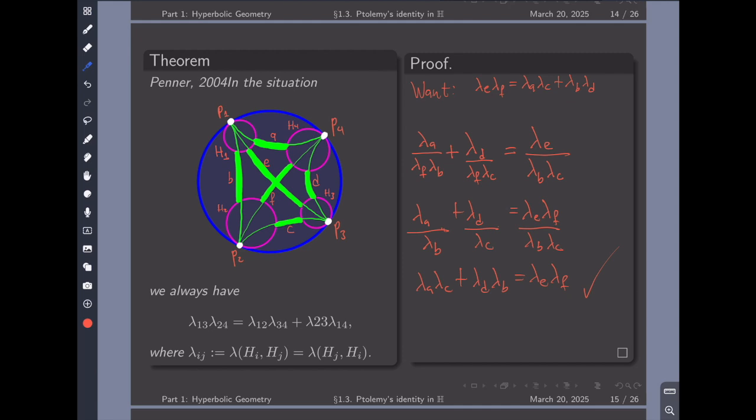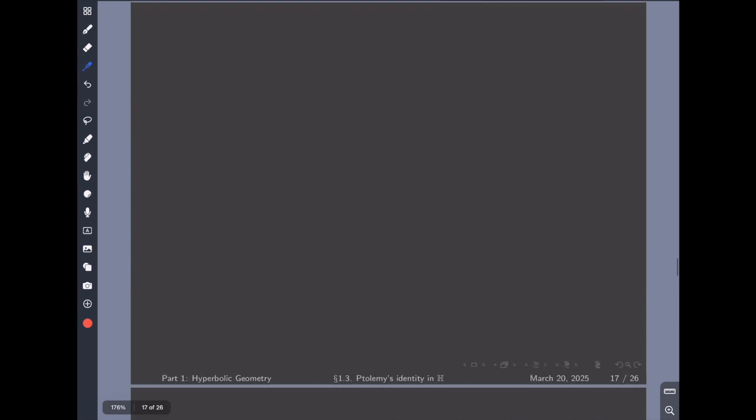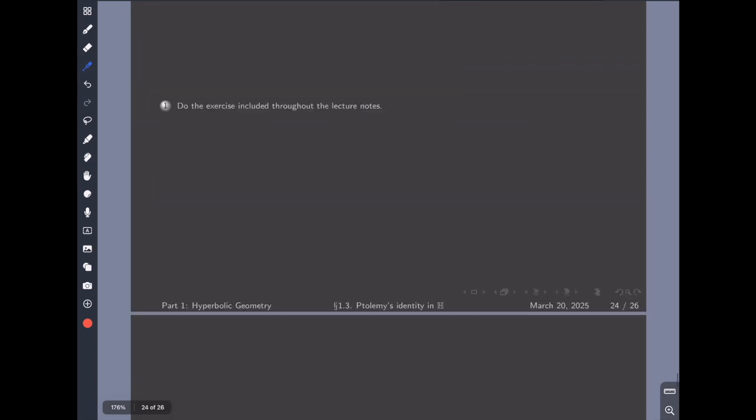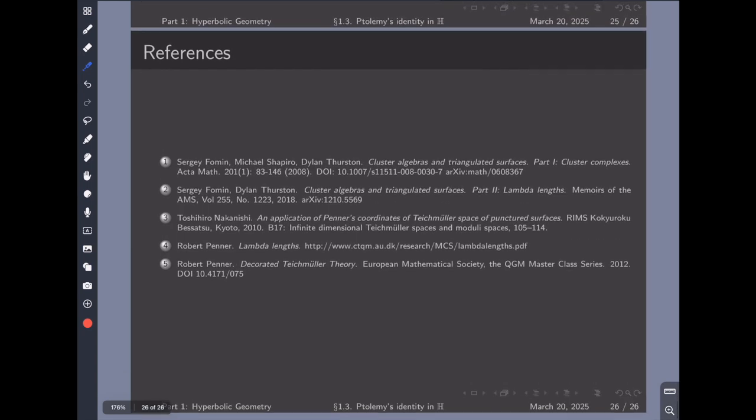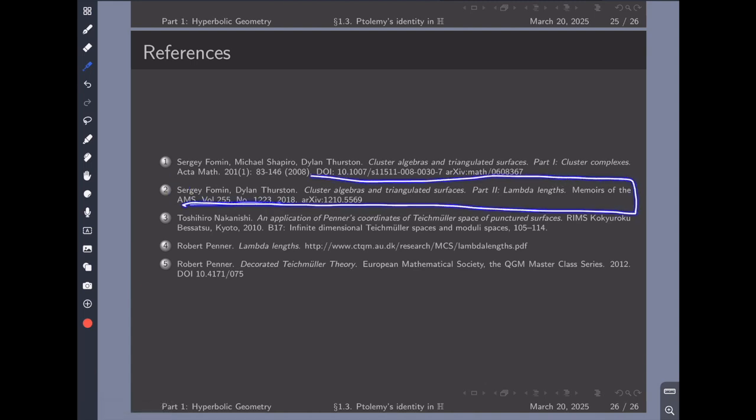And Fomin and Thurston do talk about this in their paper. There's this paper by Fomin and Thurston, and they do say some words about that. But at the moment I cannot tell you more than that.